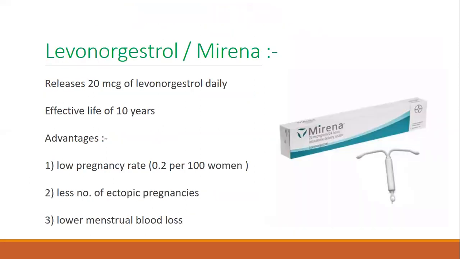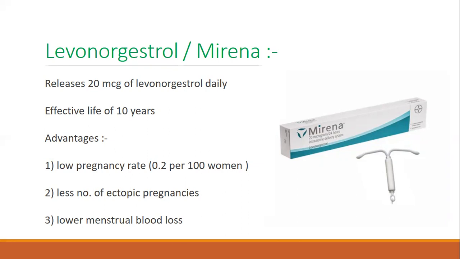Then levonorgestrel, also called Mirena. It is included in the National Family Planning Program of India. This Mirena releases 20 micrograms of levonorgestrel daily. Effective life is about 10 years, 10 to 12 years.